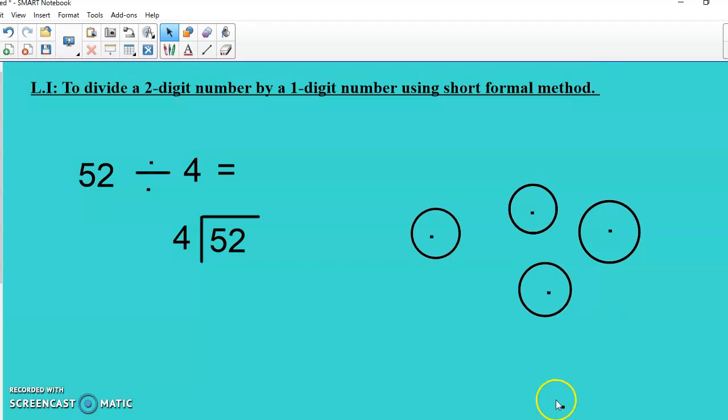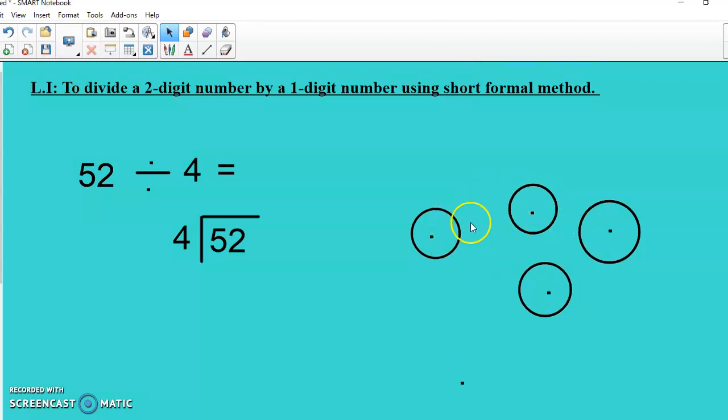Oh my God, there is only 1 left, and I do want them to have equal. So I can't give 1 to anybody, because if I give 1 to anybody, that person will have more apple than the rest. So this is my remainder, just 1.